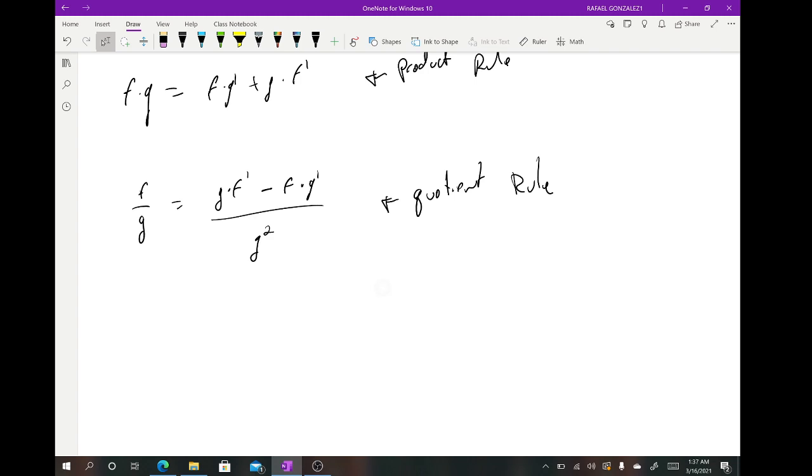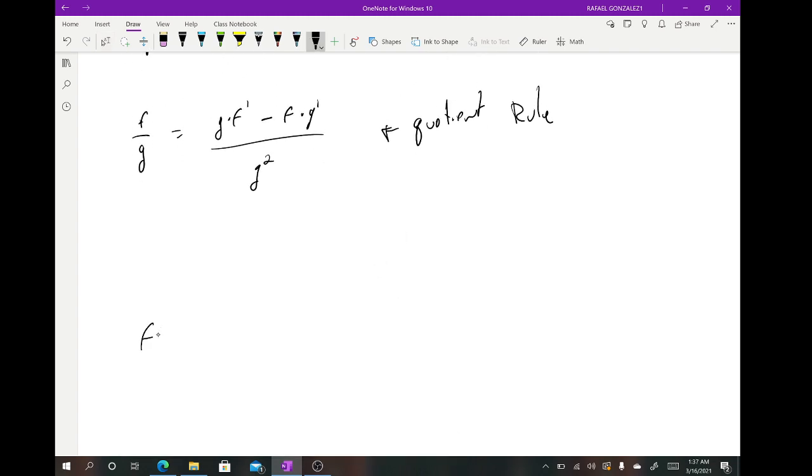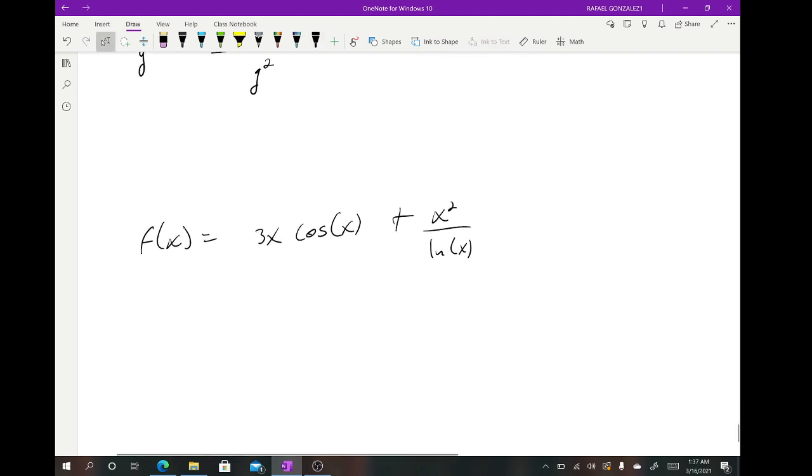So if you're given something like f of x is equal to, let's say, 3x cosine of x plus x squared divided by, let's say, ln of x. Why not? Then to find f prime of x, you have to realize that you have a product.